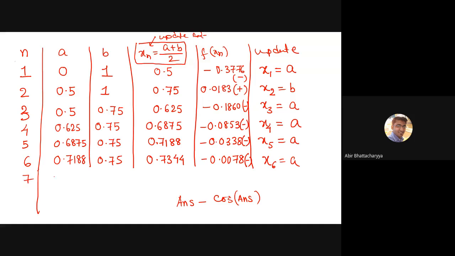Proceeding to the 7th iteration, a will be 0.7344 and b is 0.75. Tell me the midpoint.